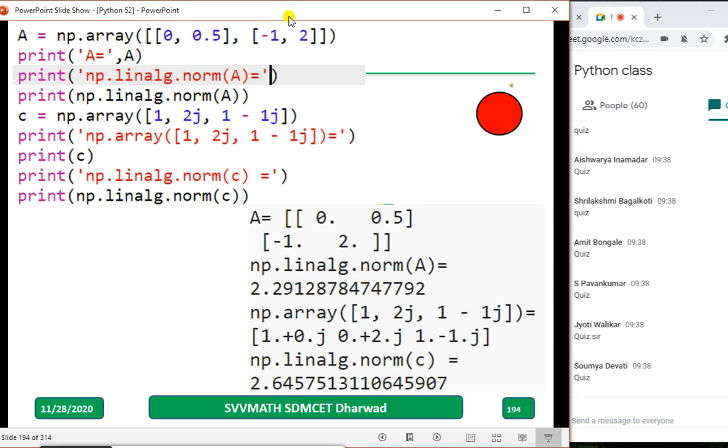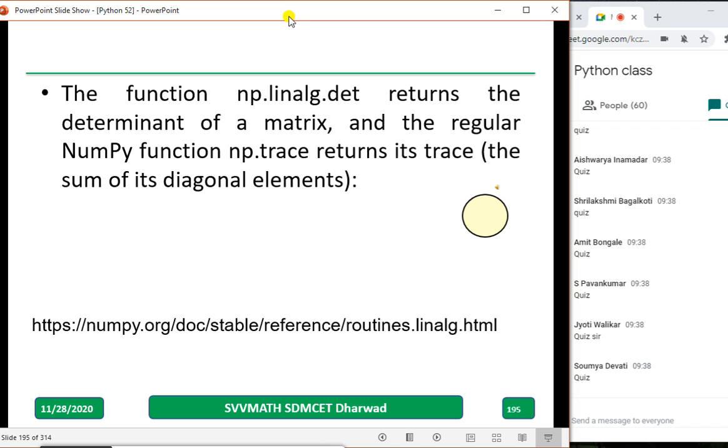Let me go to the next. The function np.linalg.det returns the determinant of a matrix, and the regular numpy function np.trace returns its trace. All of you know these two, the determinant and also the trace.